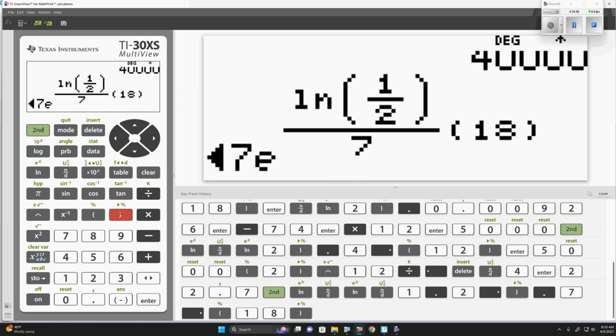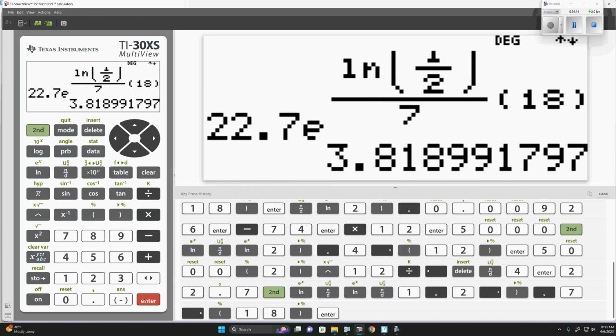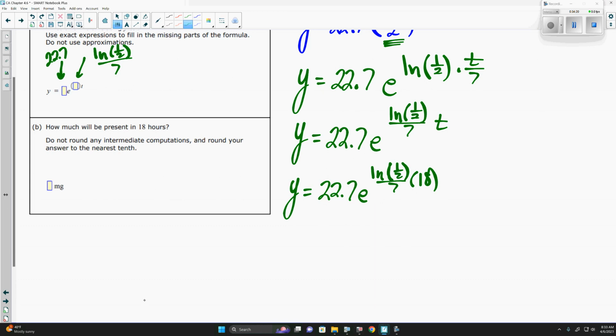Because we're talking about half-life. Half should be getting smaller. 3.818. Nearest tenth, 3.8.